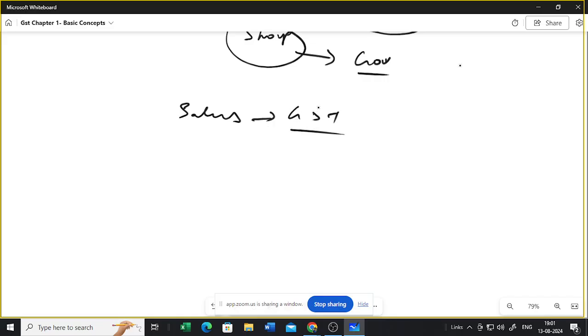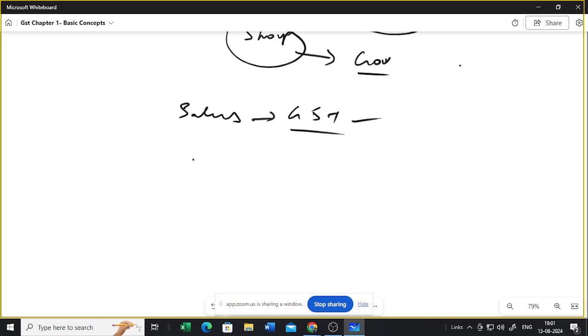First thing you need to understand is what is GST. Before going straight into the topic, let us discuss what existed before GST. Now we are going with the Goods and Services Tax, one nation one tax. But before GST, we had a lot of taxes.